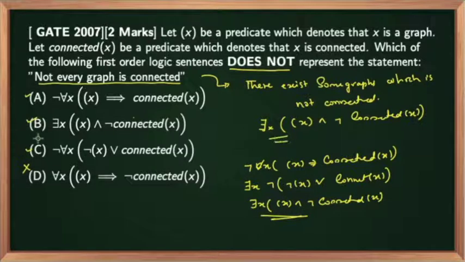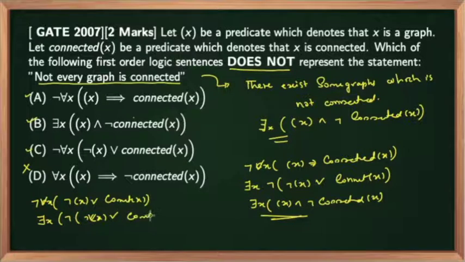Now let's see choice C. It says not for all x, not graph of x or connected of x. So I can take the negation inside. There will be there exists an x, not (not graph of x or connected of x), which will be equal to there exists an x, graph of x and not connected of x.